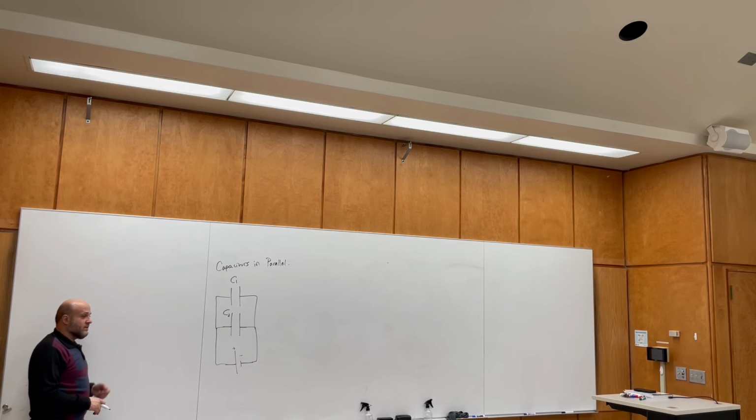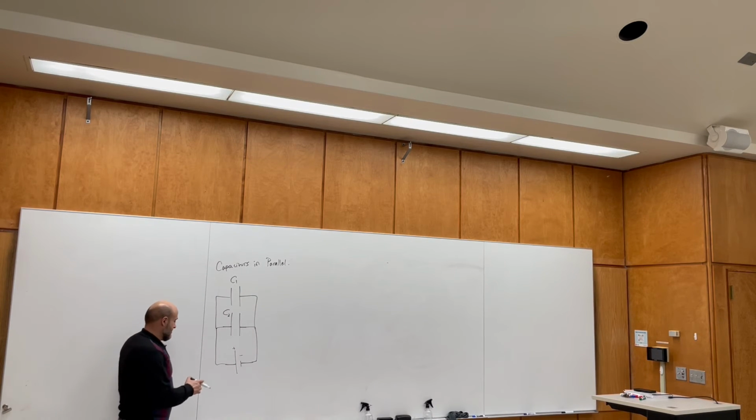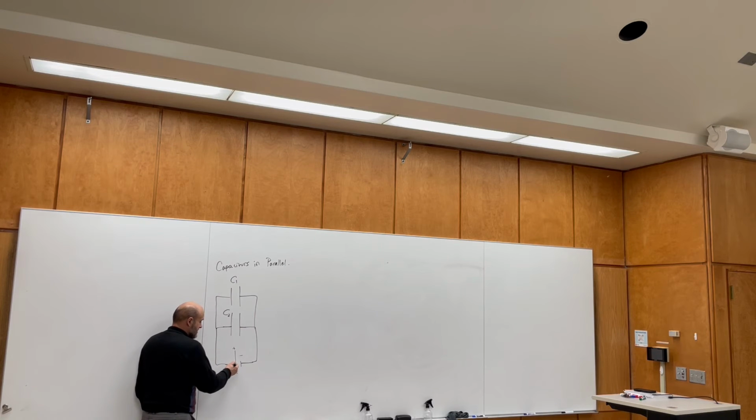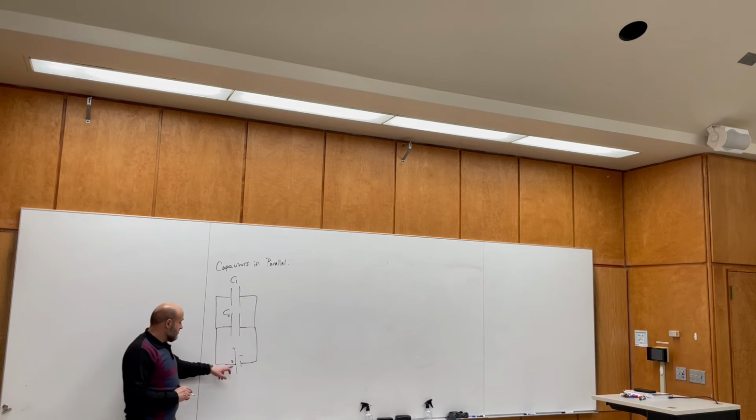Now, if you have any point, and you know the voltage at a specific point, let's say the voltage here is A, 5 volt, 10 volt, whatever. And if you go through the wire, at any point, it's the same voltage.